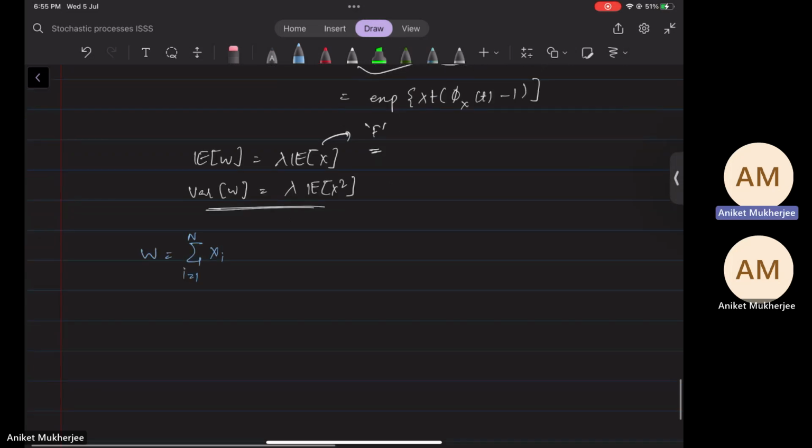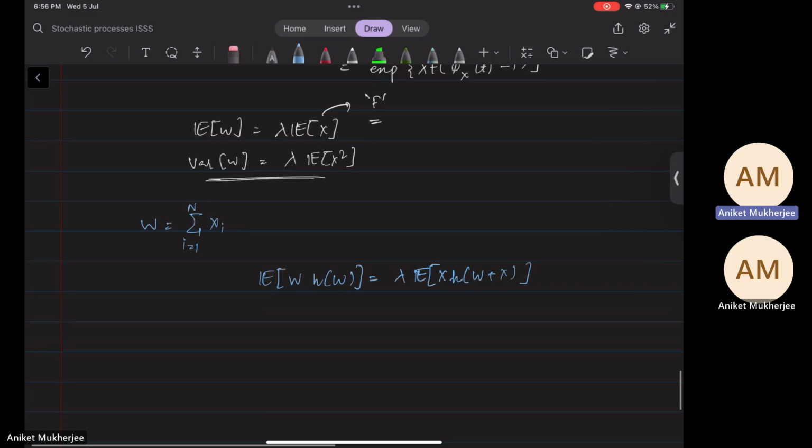One important property of the compound Poisson random variable is that the expectation of the compound random variable W multiplied by some function h of W is equal to λ times the expectation of X h(W plus X), where X is the distribution from which you're sampling the sequence.